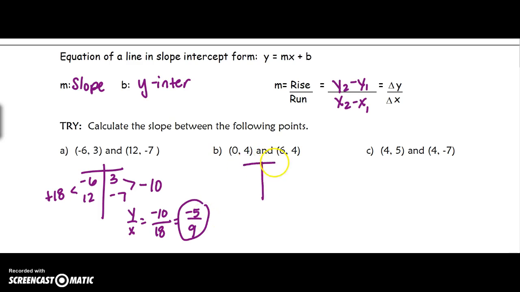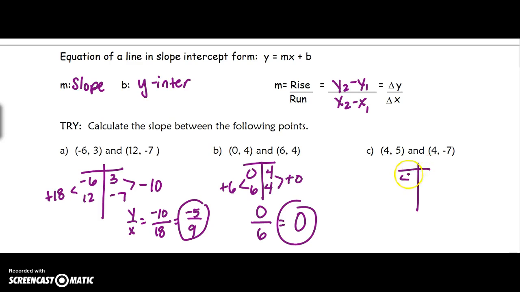Same thing here. 0, 4, 6, 4. How many units does it take to get from 0 to 6? You go up 6, and 4 to 4, there's no movement. So you have y over x, and since 0 is in the numerator, you're going to have a slope of 0.